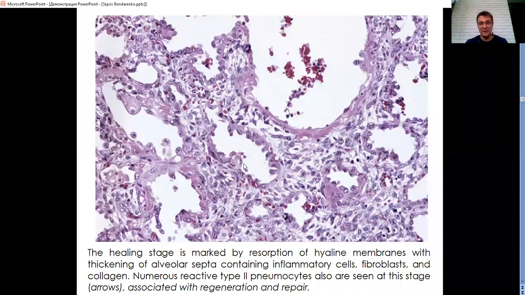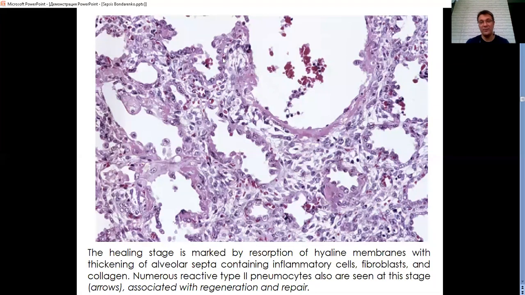Finally, healing stage, you see the development of the fibroblast proliferation in the interstitium. You see the regeneration of the alveolar cytes, still some remnants of the hyaline membrane, but in the future, it potentially could be resolved by the remodeling of the connective tissue.